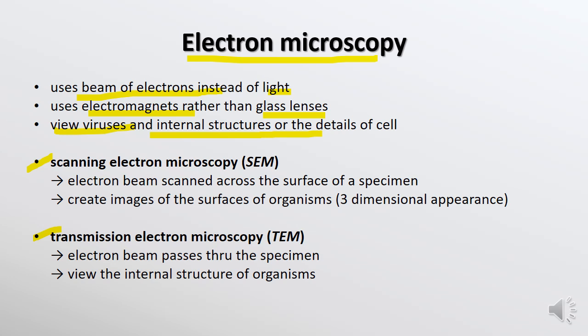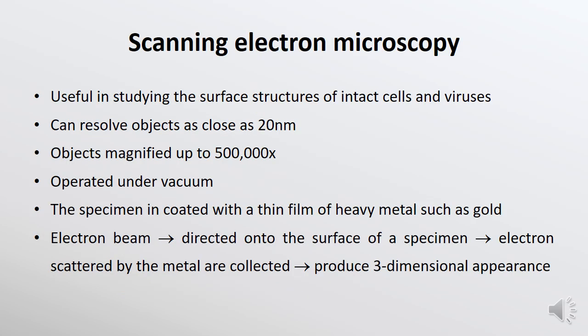In the scanning electron microscope, the electron beam scans across the surface of a specimen, so the image you get shows the three-dimensional appearance of the surface of an organism. On the other hand, in the transmission electron microscope, the electron beam passes through the specimen, which gives you the internal structure of organisms. So let's look at more details on the scanning electron microscope.